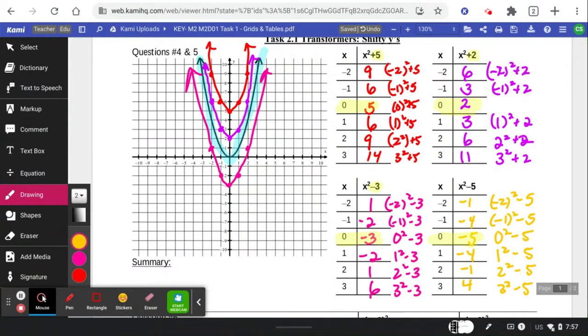Let's go put those dots on the graph with gold this time. Negative 2, negative 1. Negative 1, negative 4. 0, negative 5. And then the 2 symmetrical dots on the other side. There's also a 3. It's out there.